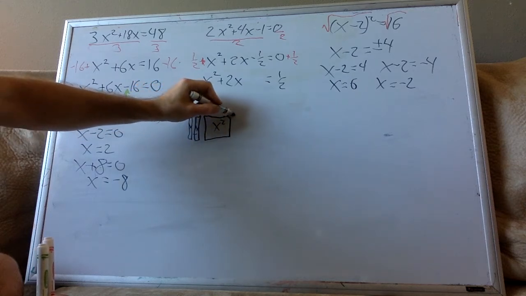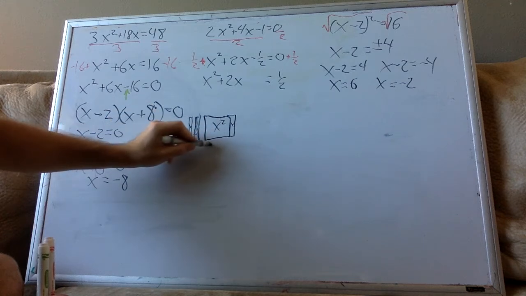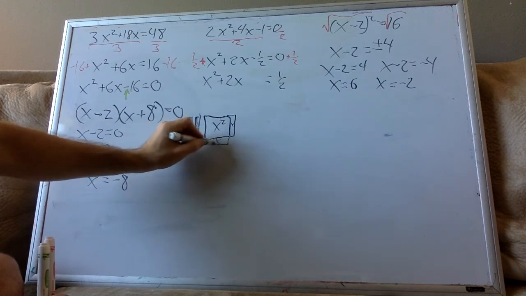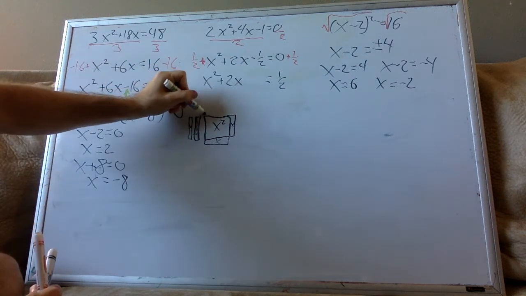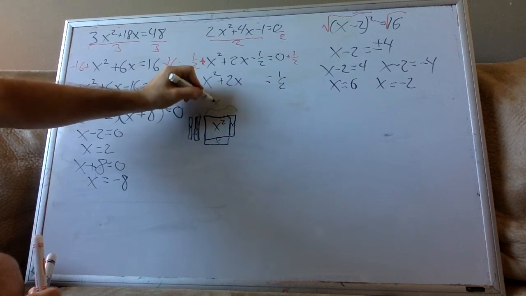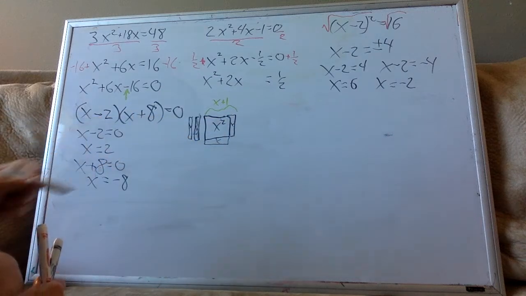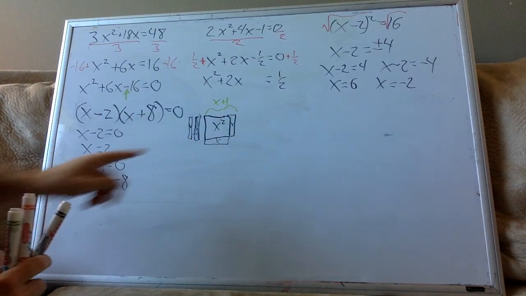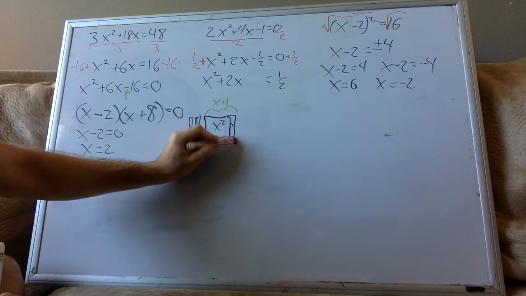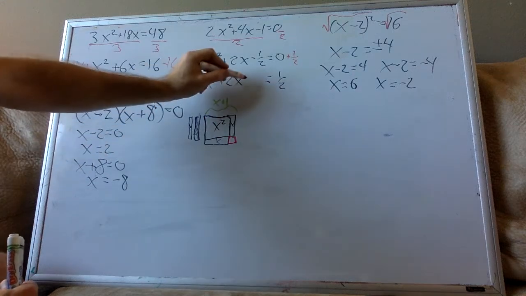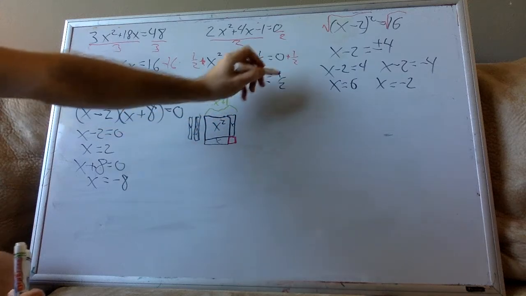If I attach one of these to this side, and one of these to this side, now I have a length of x plus 1. This was length x, this was length 1. This is also an x plus 1. But I have this missing piece here, and my missing piece would be a 1 by 1 square. So if I add 1 here, then I can complete my square. So I have to add 1 here.